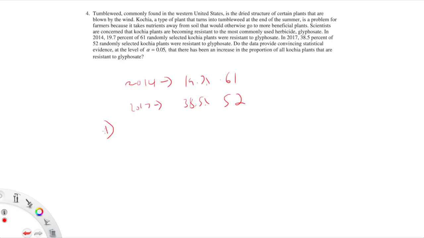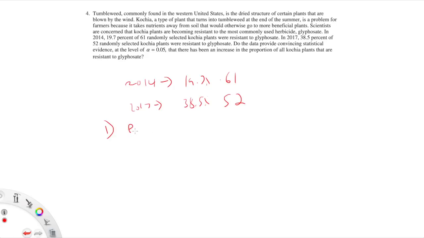Then mention specifically that we're measuring a proportion, and explicitly say what the proportion is that we're measuring, then explain what hypothesis test we'll be using, and finally execute that test. So we can call the proportion of resistance in 2014 and 2017 P14 and P17.